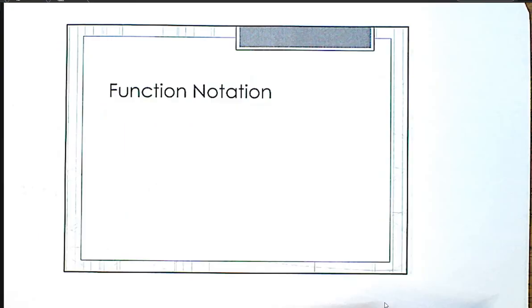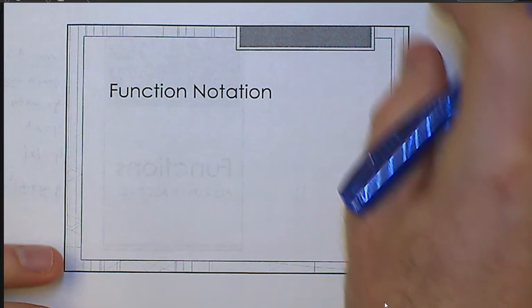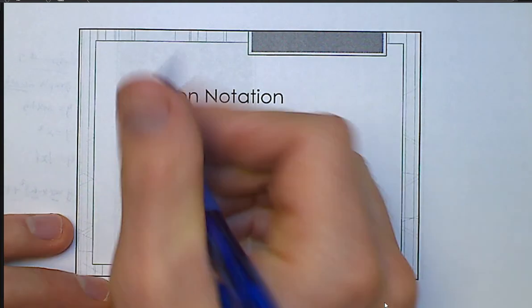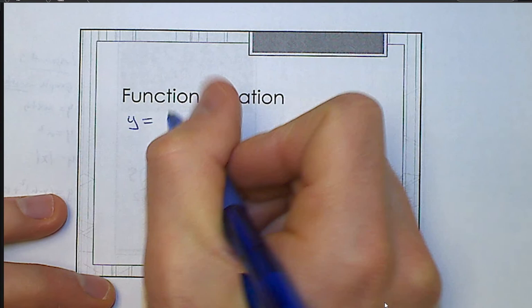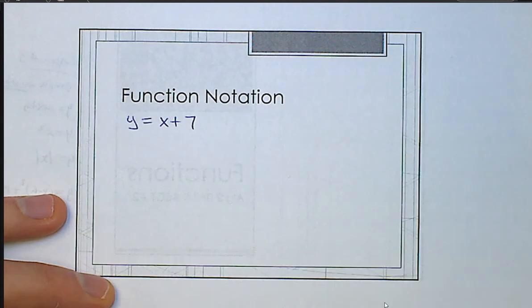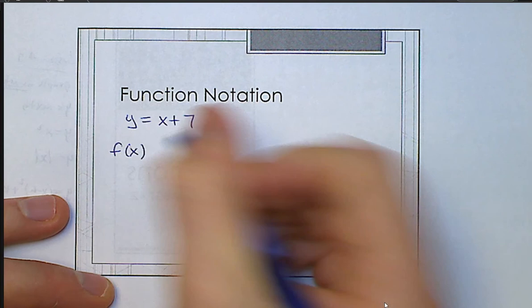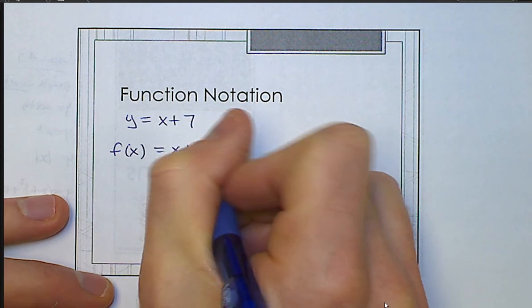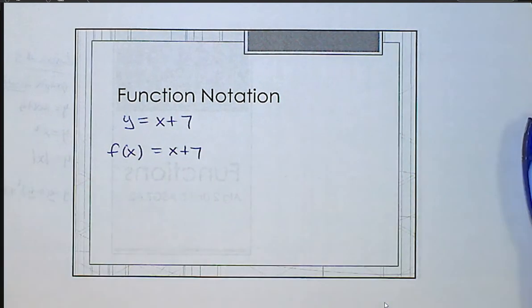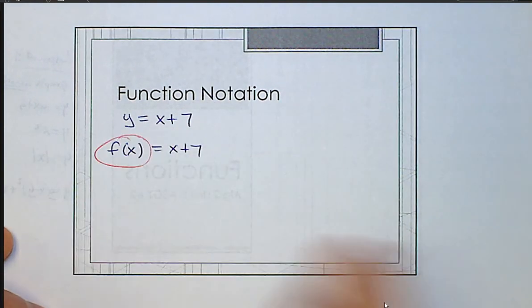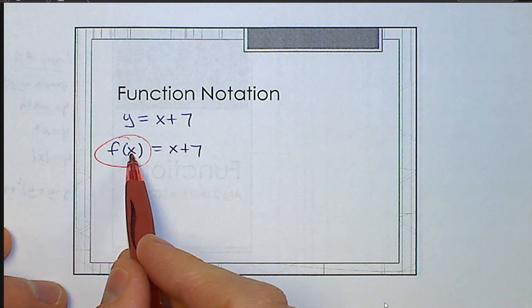Okay. So something called function notation, and we've talked about this already in class. I kind of gave you this example just two seconds ago of y equals x plus 7. If we wanted to put that in function notation, you'll see something that looks like this. This right here is what we call function notation. f of x stands for the function when we plug in x is x plus 7.